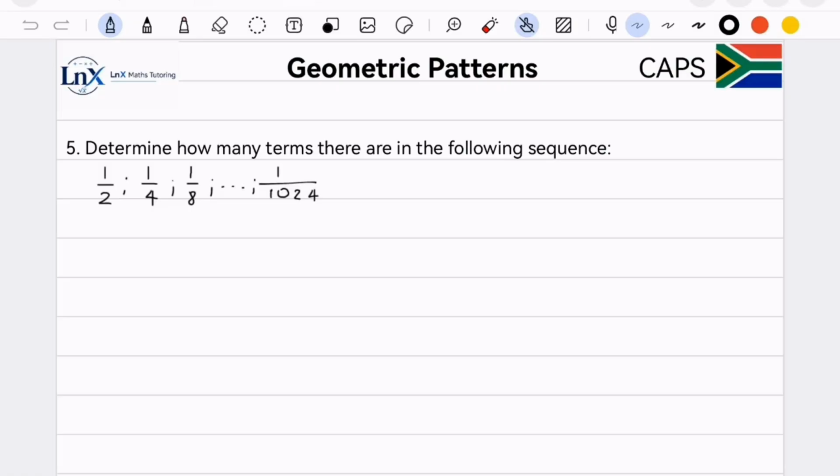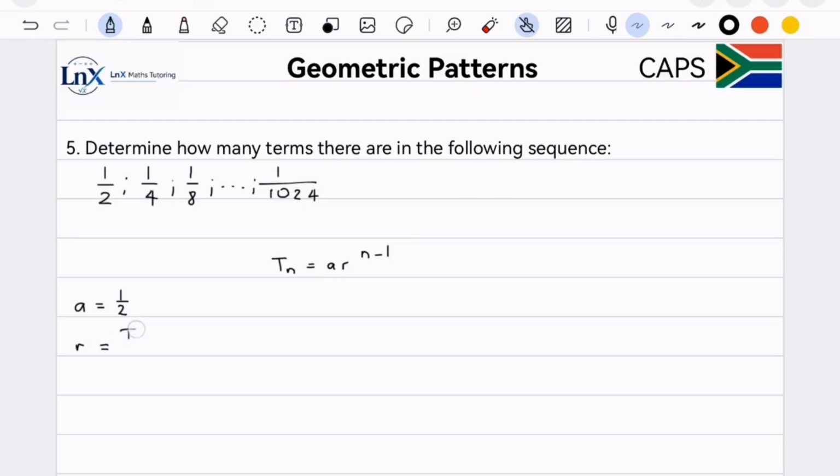All right. So first thing first, we need to determine the general formula for the sequence. So we're going to have Tn equals A R to the power n minus 1. So we know that our A in this case is going to be 1 over 2, and we need to determine our common ratio.